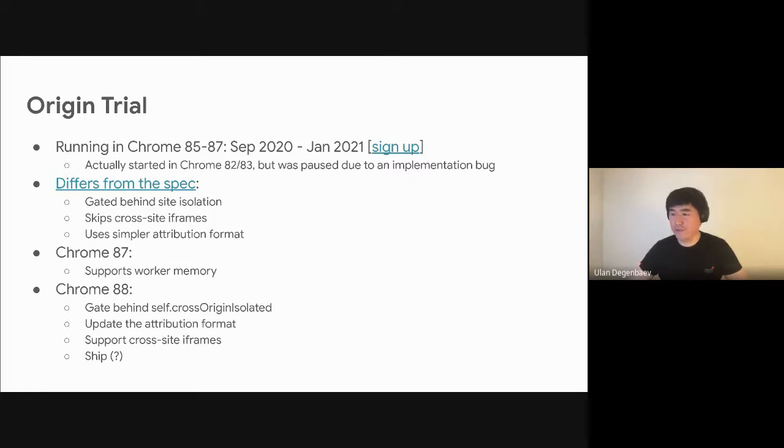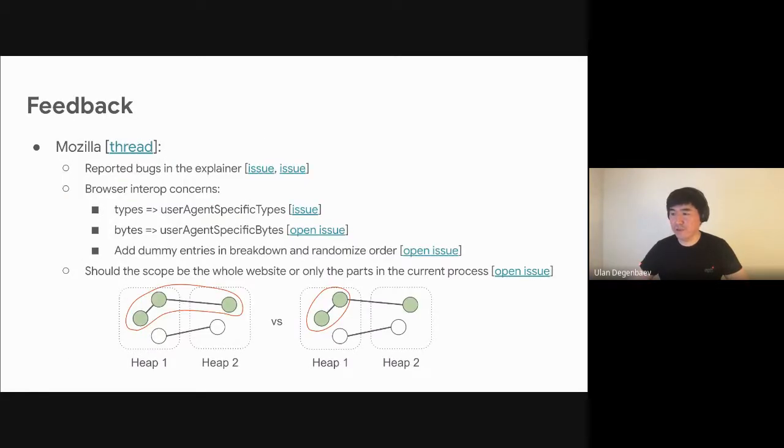I can describe some feedback that we received. Mozilla folks looked at the API and provided very useful feedback. Main concerns there were around interop and around highlighting that the result is specific to the browser.